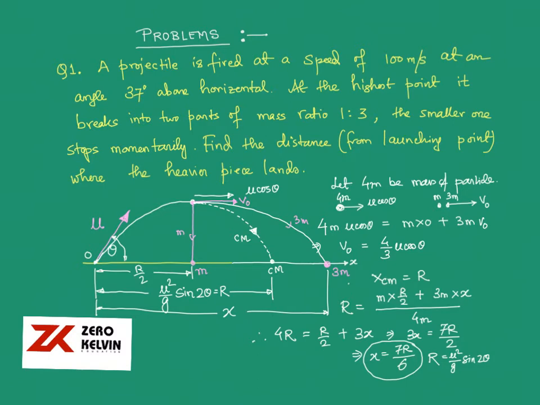That is a different approach, you can do it that way. But this is the easier way to do the thing, that the trajectory of the center of mass would be same as if nothing has happened. Now this m is here, 3m is here, center of mass is here. So you can simply apply the formula of center of mass here.